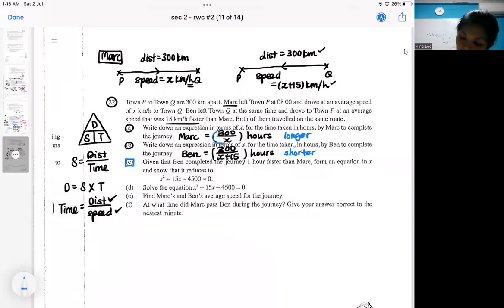So you should take the longer quantity, subtract the shorter quantity, and that will be 1 hour. So from here, it's back to the same technique. Make same denominator, cross multiply.